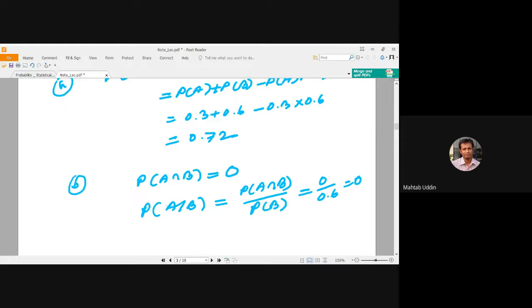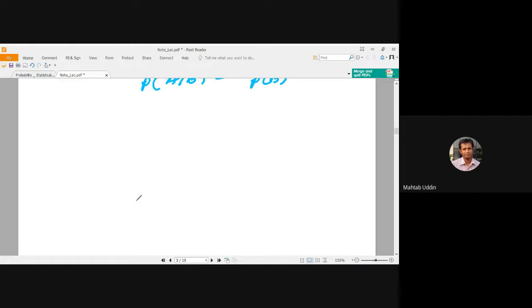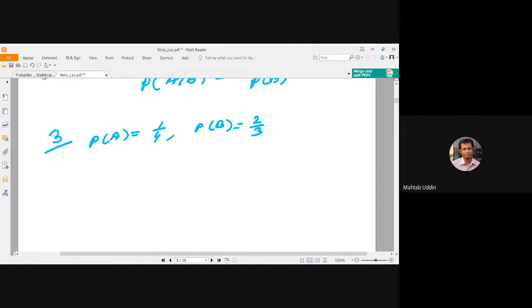Yes, sir. Now going to 3. We are given P of A equal to 1 by 4 and P of B is 2 by 3. So they are given, and we have to find some quantities from here.